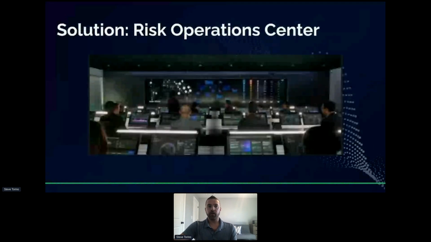So with that, I'm going to move forward to kind of the blueprint that we have for this. Many organizations have either bought or built a security operations center, so we have a little bit of a blueprint for how a risk operations center might look. We understand the expense that comes along with that. It's quite an expensive thing to build yourself, right? You have to consider the infrastructure for it. You have to consider the team members who are going to staff it.